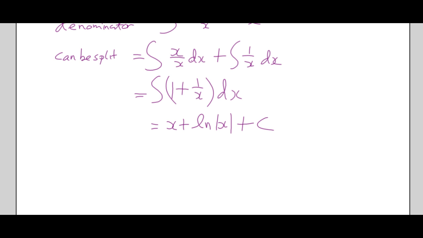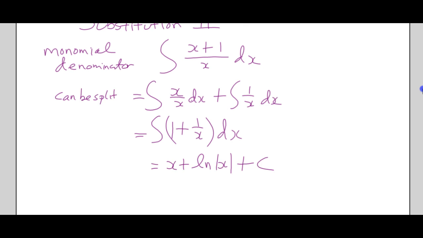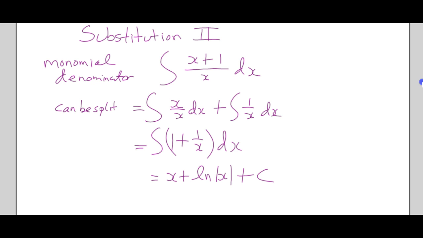Binomial denominator, this could be a problem. And did I leave myself room to do this? All right, let's try this here, binomial. So what if we have x over x plus 1 dx? So here we have a binomial denominator. It's just flipped over, right? Well, in this one, yeah, we can't split it up.